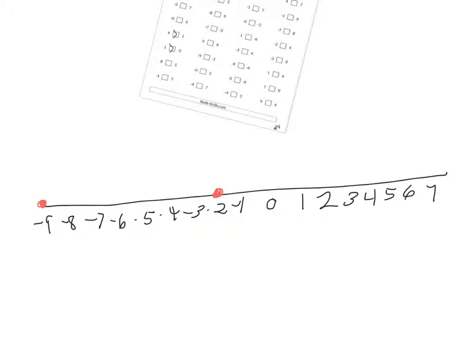But in reality, if 0 here is the biggest, then I can actually see on my number line that negative 2 is much bigger than negative 9 because negative 2 is closer to 0. So negative 9 would be a smaller number because it means I'm further away from 0.